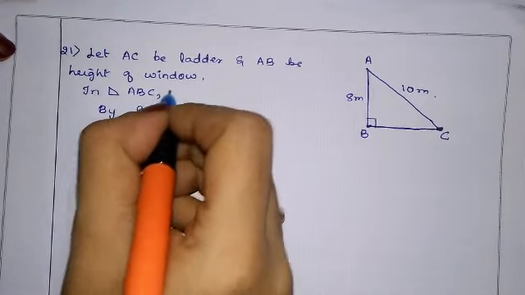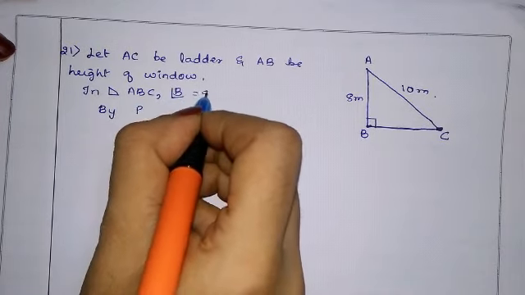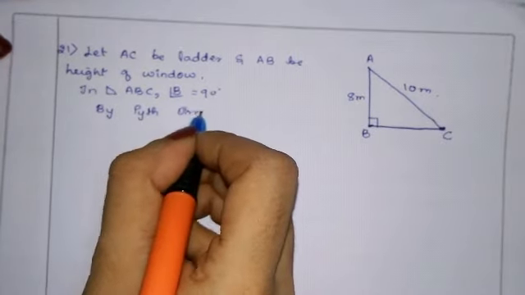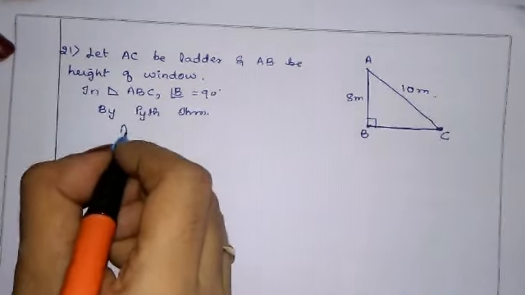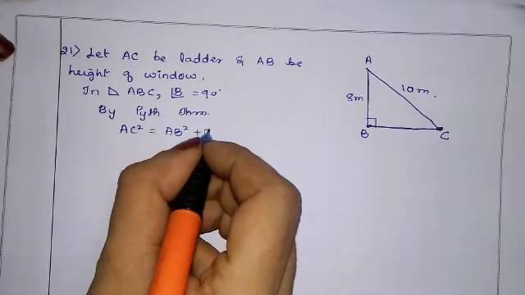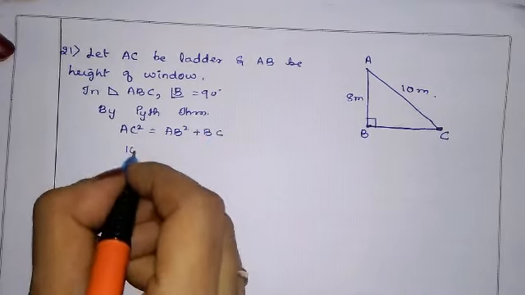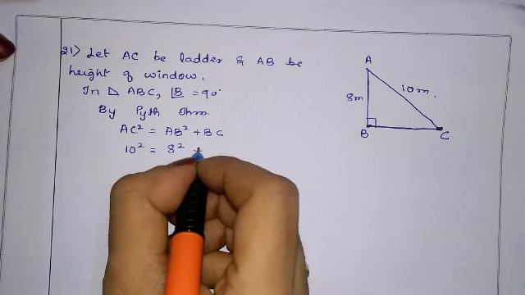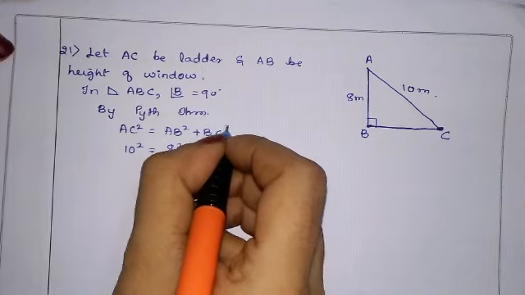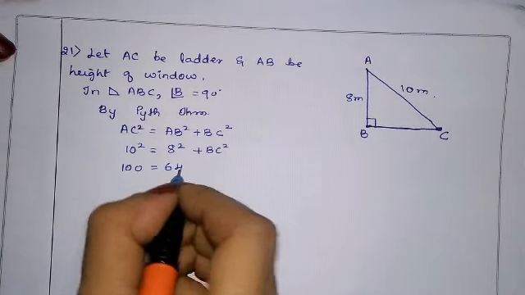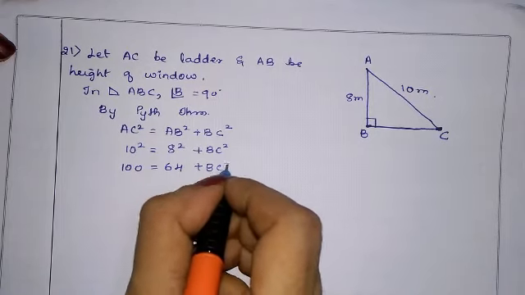By Pythagoras theorem, AC square is equal to AB square plus BC square. AC 10 square is equal to AB 8 square plus BC square, but BC we don't know. 10 square is 100, equal to 8 square is 64 plus BC square.